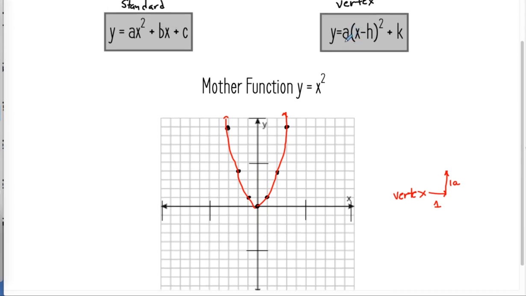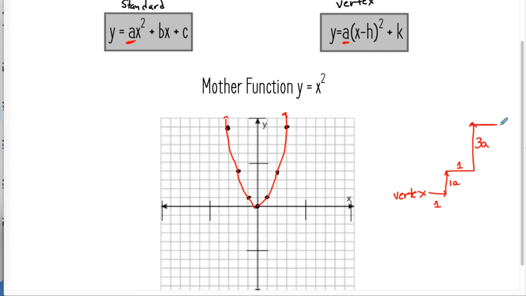Where do I get the stretch from? The a value. And it's clearly represented whether you see it in vertex form or in standard form. Then to get to the next point, I still go over one value on the x, but I go up 3a.